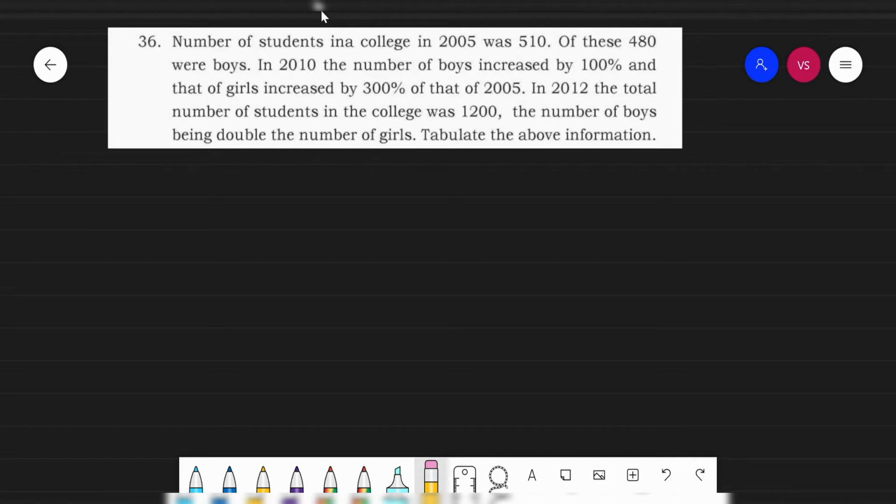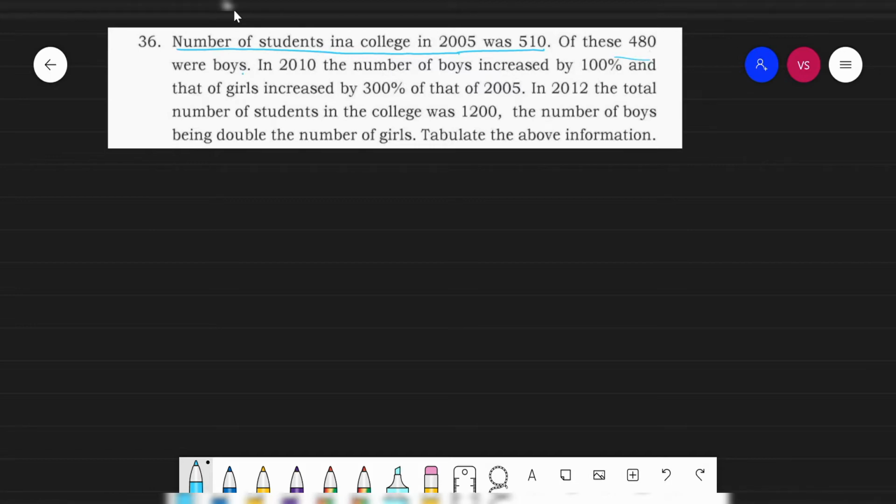The question says: the number of students of a college in 2005 was 510. Of these, 480 were boys.